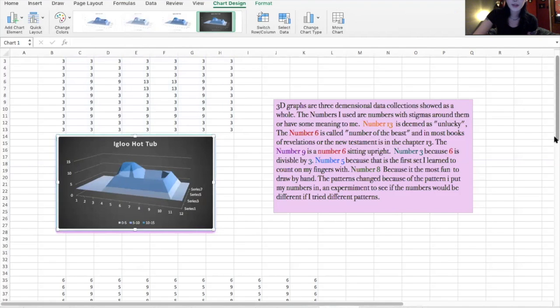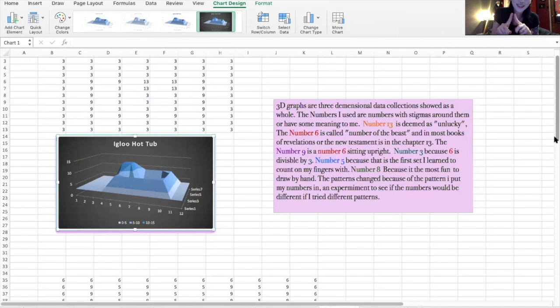Let me go over this. Okay, so 3D graphs, or three-dimensional data collection shown as a whole. The numbers that I used were numbers with stigmas around them, or that have some meaning to me. The number 13 is deemed unlucky. The number 6 is called the number of the beast, and in most books of Revelation or the New Testament, it's in chapter 13.